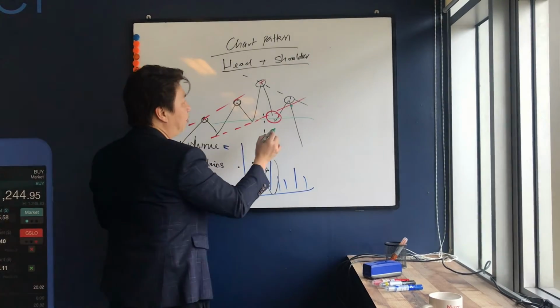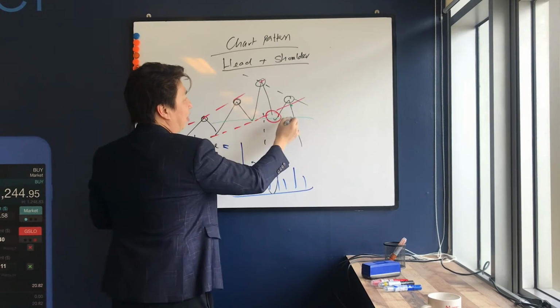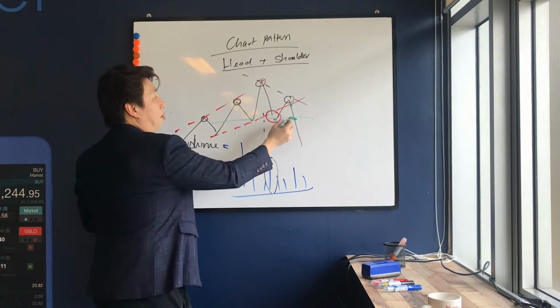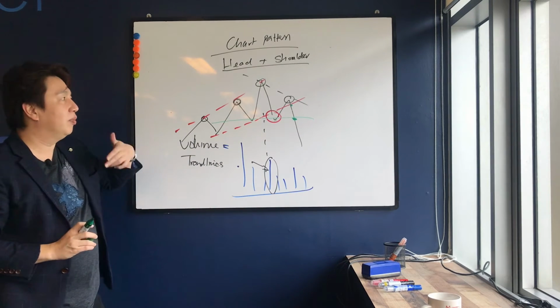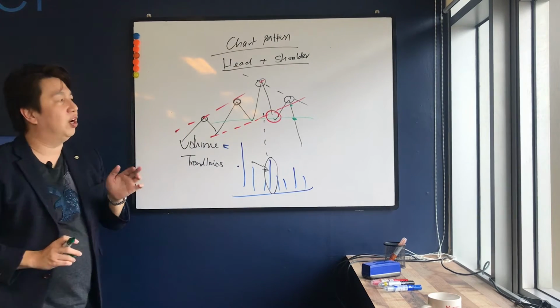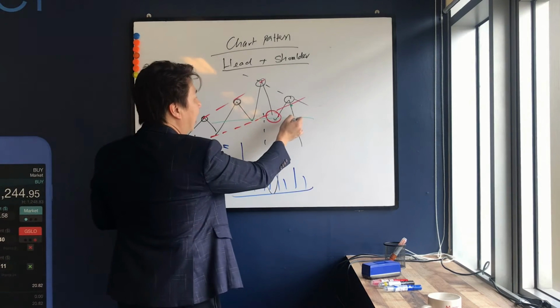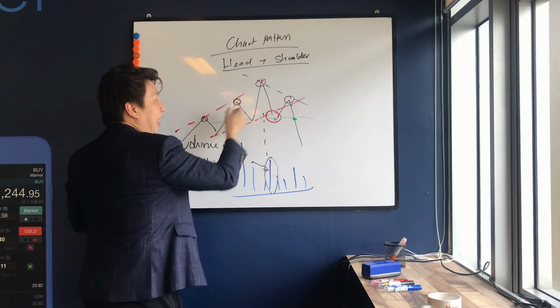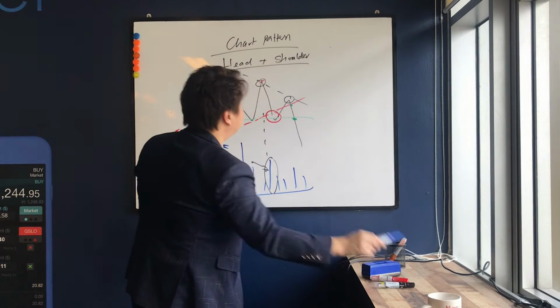Then the next thing we want to look at is a break of this neckline over here. By here, you'll be more sure that this is a confirmation of your head and shoulder pattern being formed. Usually at this break of the neckline, the volume will increase again.